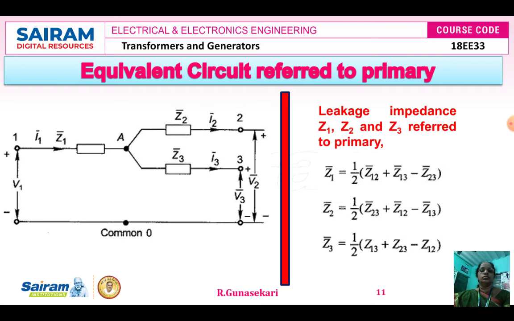Z2 vector equals 1 by 2 into Z23 plus Z12 minus Z13. Similarly, Z3 vector equals 1 by 2 into Z13 plus Z23 minus Z12. This is the formula for calculating the equivalent circuit referred to primary.